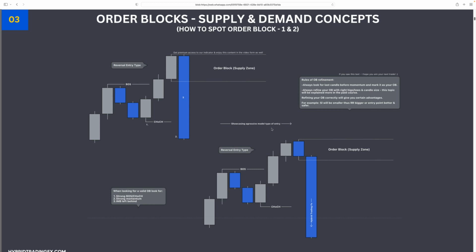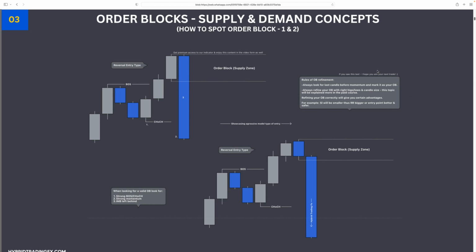So more about refining the order blocks and how you can actually manage those things. What is the best entry? When you see different kinds of price action, you're maybe wondering where you should get involved, what is the best entry. Again, you would need to join the community for those things, guys.